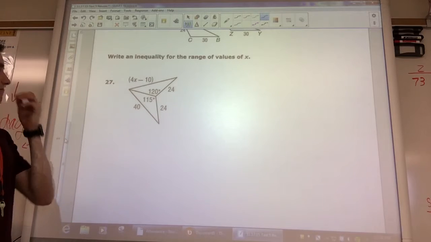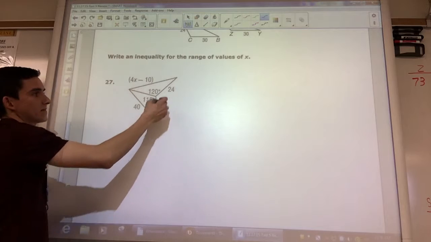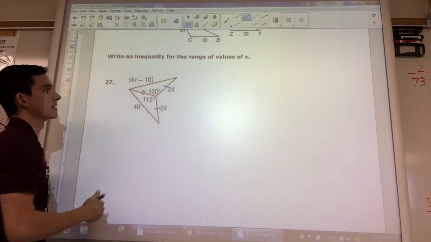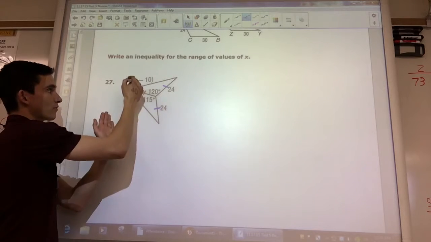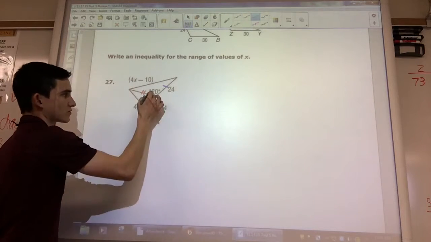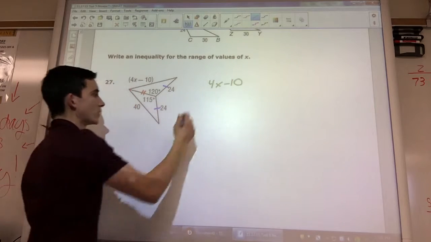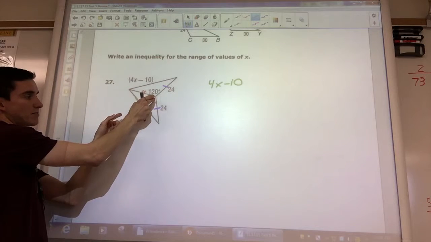All right, so the idea is that the two sides that are being shared right now, this side and this side are equal, right? And this side. So the angle that is creating 4x minus 10, this 120 is creating 4x minus 10, how would it compare to this side right here, which is being made by 115?